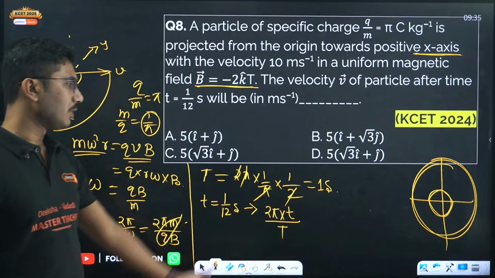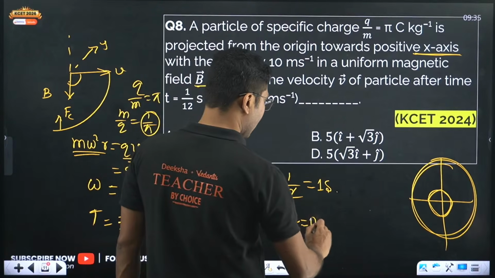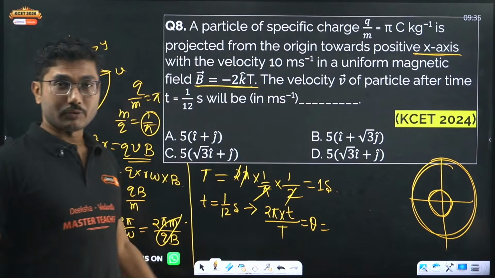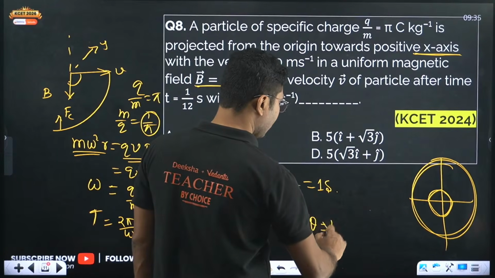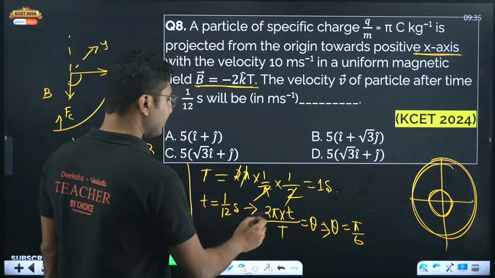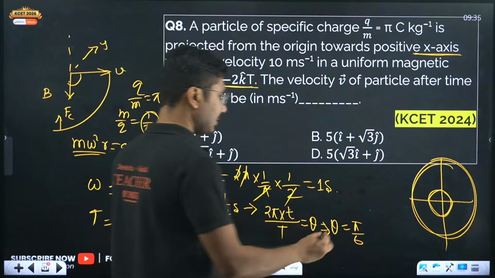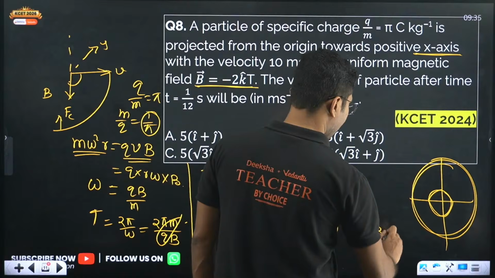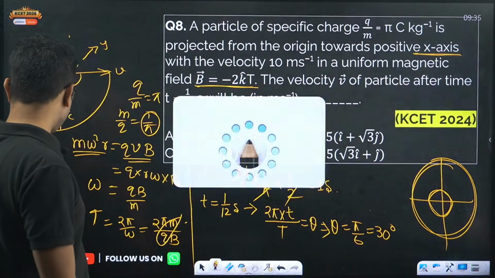This is the formula that you need to remember, applicable for circular motion as well. If you put t equal to 1/12, you get the angle to be pi by 6, which is 30 degrees. Now how to calculate this value? Remember one very important thing.